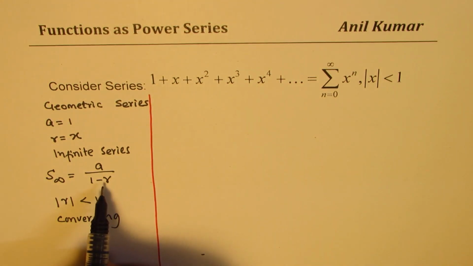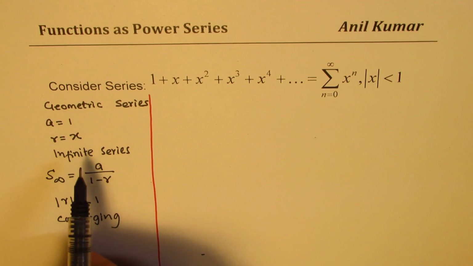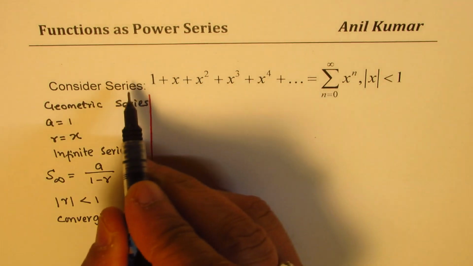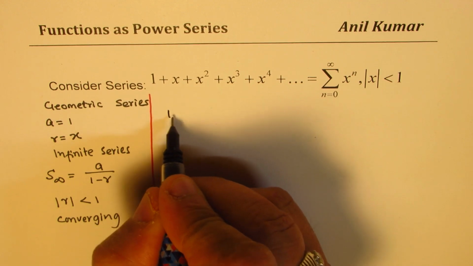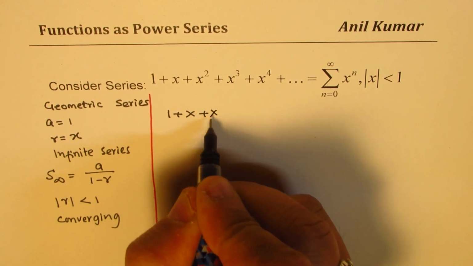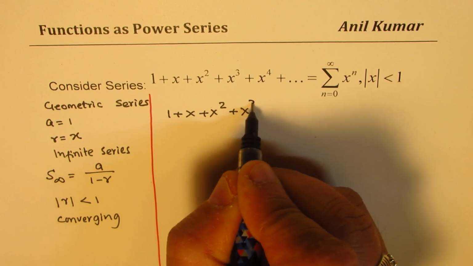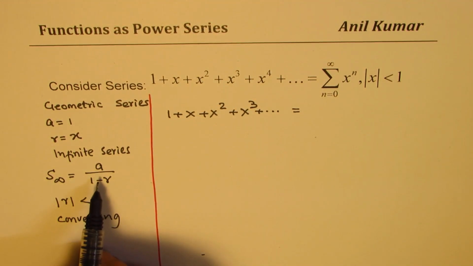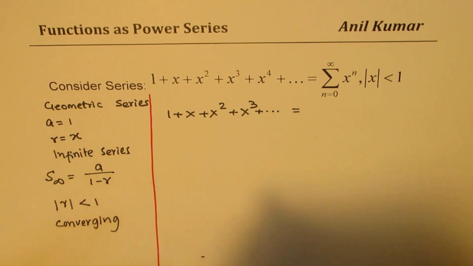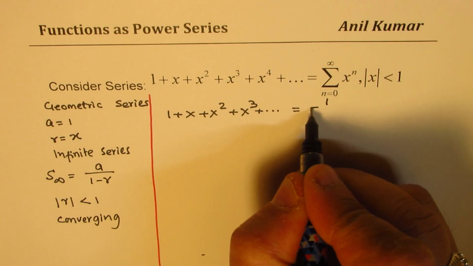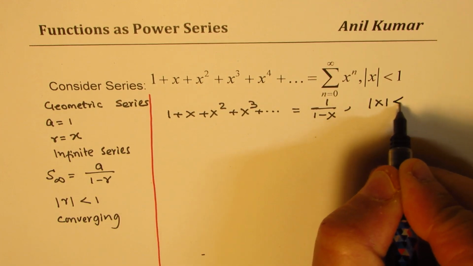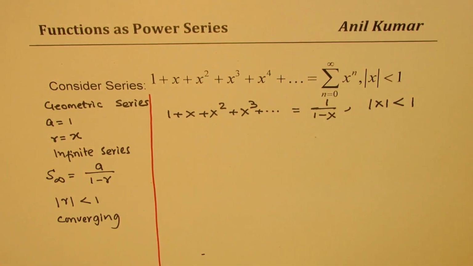So, if I apply this formula where a is 1 for us and r is x, in that case, I could write the whole series 1 plus x plus x squared plus x cubed and so on as equal to the sum, where a is equal to 1 and r equals x, so it becomes 1 over 1 minus x, where the absolute value of x should be less than 1. Perfect.